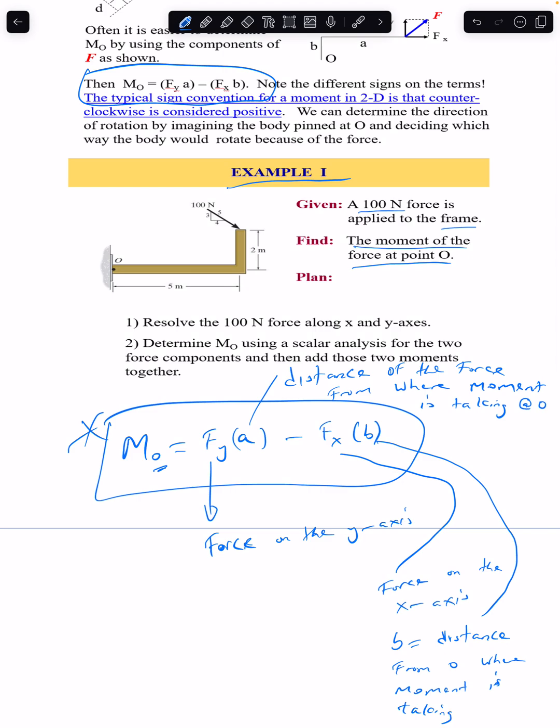So you are technically told that the moment from point O will be solved by using this formula, and therefore we can apply that formula to solve for the moment at this point O.